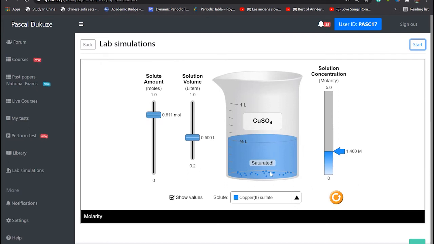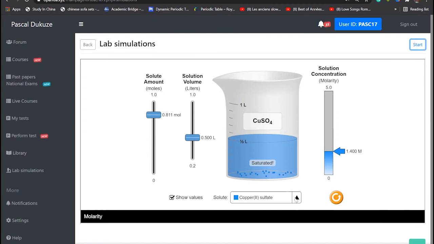The solute particles, which are in the solid state, are being deposited at the bottom undissolved because the solution has dissolved the maximum amount of solute it can dissolve. And such solutions are called saturated solutions. So a saturated solution is a solution which has dissolved the maximum amount of solute it can dissolve.